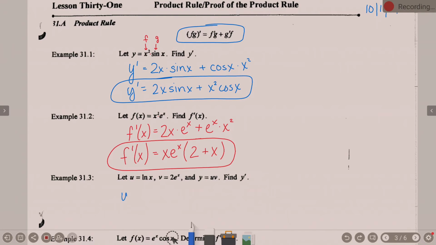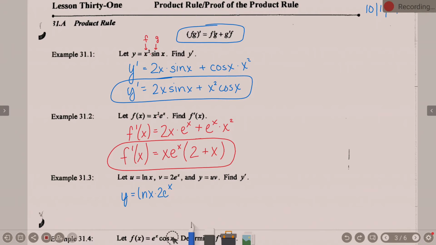My recommendation, and there's a couple of different ways we can do this, but what is y? If y is uv, then y is ln x times 2e to the x. Is that a better visual? Does that help you know where to go here?